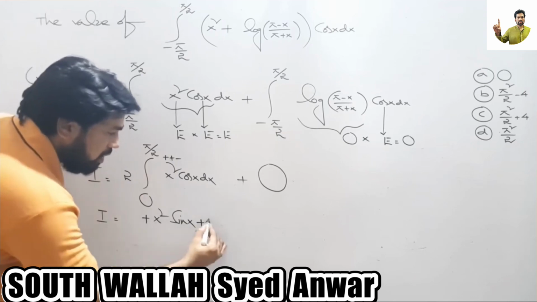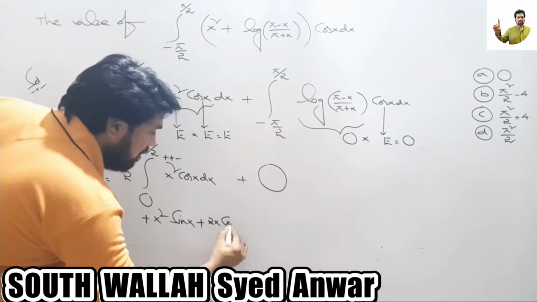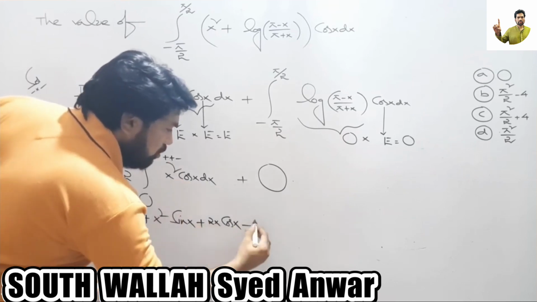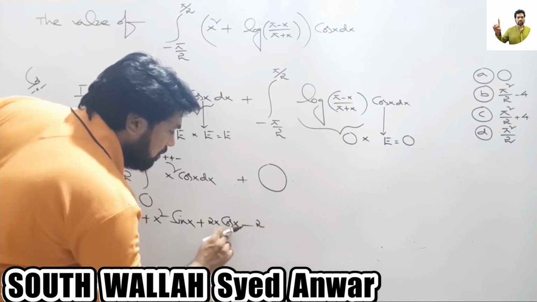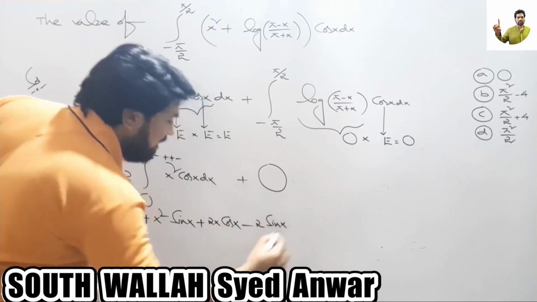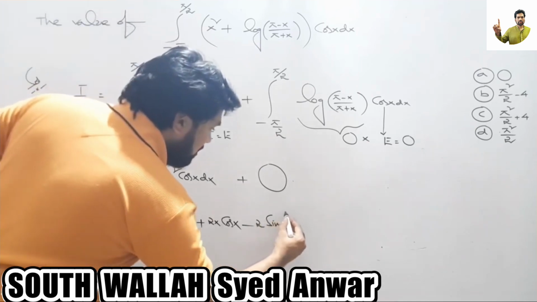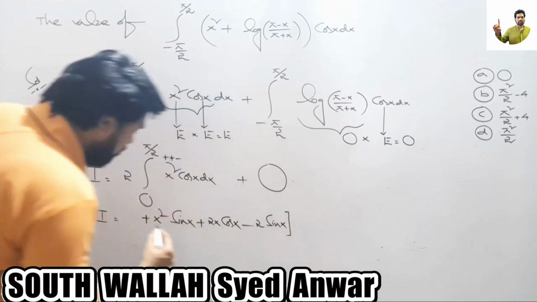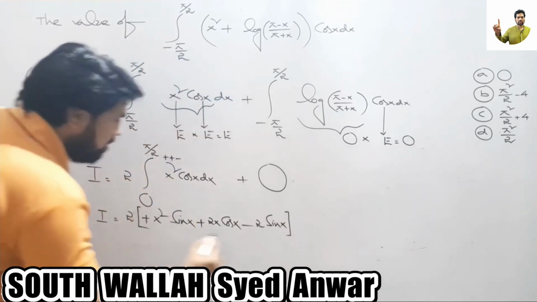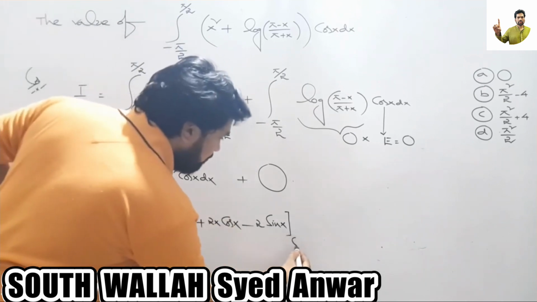Next, the derivative of x square is 2x, and the neighbor of sin x is cos x. Next sign is minus: the derivative of 2x is 2, and the neighbor of cos x is sin x. So in a single line, I have done the integration. After that, we have to apply the limits. Outside, 2 is there. The limits are 0 to pi by 2.